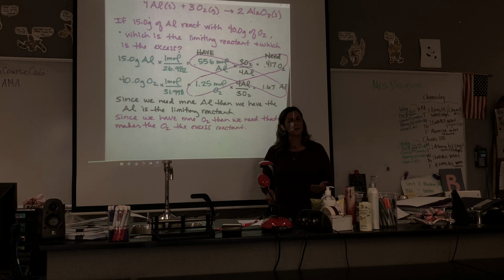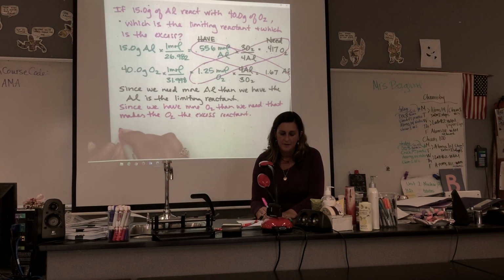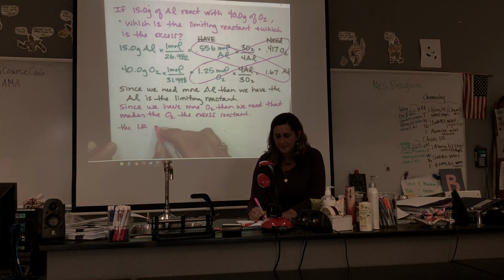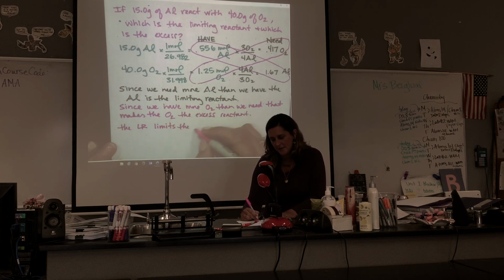Okay, so whatever you don't have enough of, that's your limiting reactant, and whatever you have too much of, that's your excess reactant. And the limiting reactant obviously limits the product amount made.